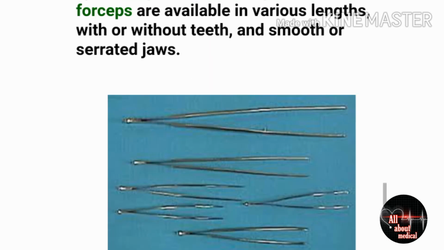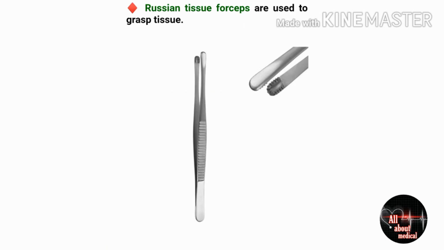These instruments, as you can see very clearly in the image, are forceps, and these are available in various lengths, with or without teeth, and smooth or serrated jaw. Yes, these are the forceps. And this is the Russian tissue forceps, which is used to grasp tissue.